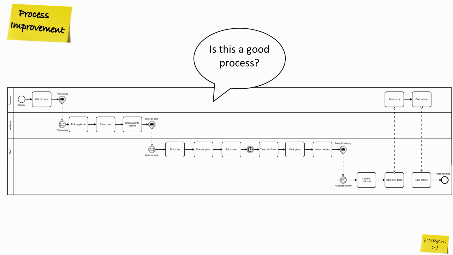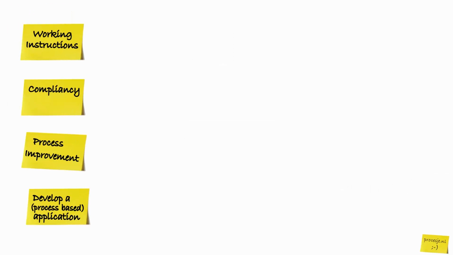And when I was thinking about this and I reviewed the goals, then I suddenly realized that actually when you take a look at these goals, then using a process model is, in, for example, working instruction, is the solution. The problem is my employees don't know what to do, and then the model is used as a solution. Same for compliancy.